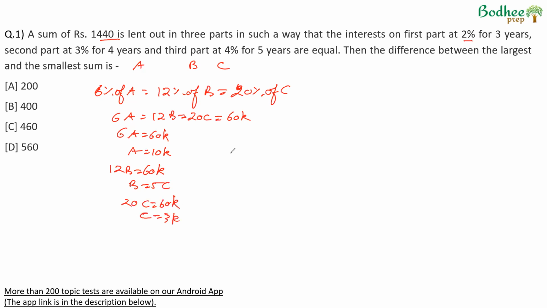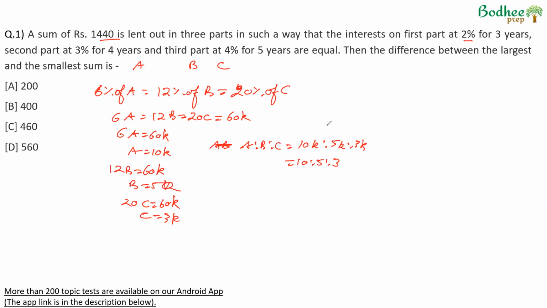Now, A, B, C are in the ratio 10K is to 5K is to 3K, or 10 is to 5 is to 3. We have to find out the difference between the largest and the smallest sum.